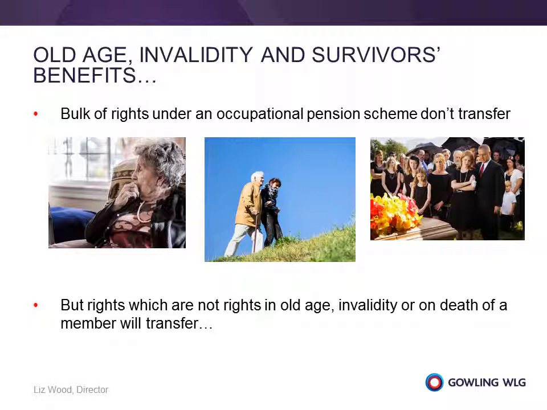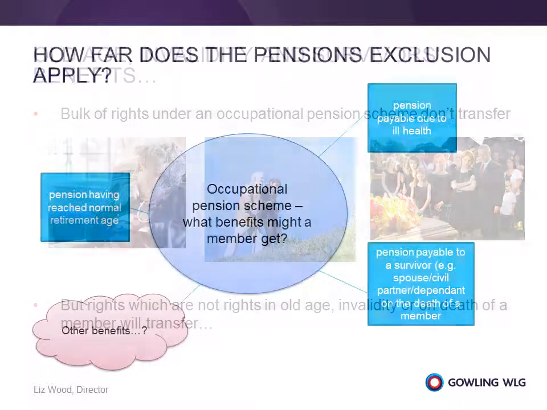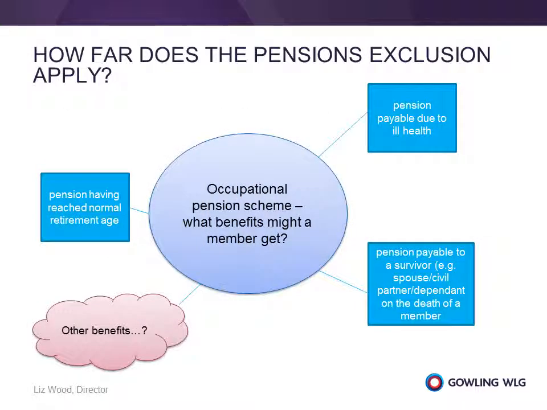But this next slide is a reminder that an occupational pension scheme has a number of rights that are available under the scheme rules. These are primarily rights you would get on reaching your normal retirement age at the end of your working life with an employer, but also rights you might get in circumstances of ill health, and pensions that might be payable to a survivor, for example a spouse or civil partner, in the event of the death of a member.